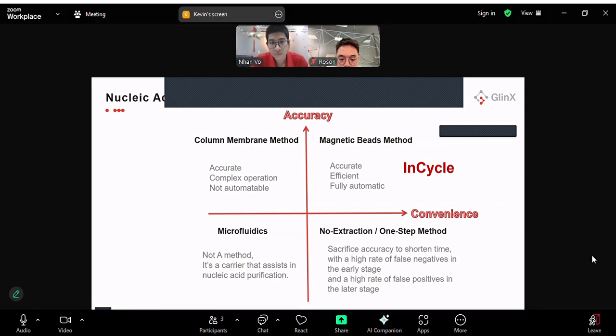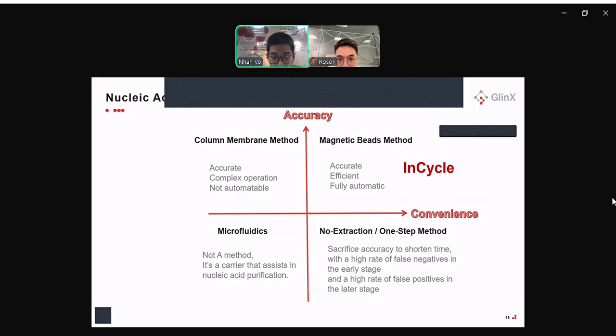Can you tell me why the false negative rate is really high in the early stage? Yeah, because it is not purified.